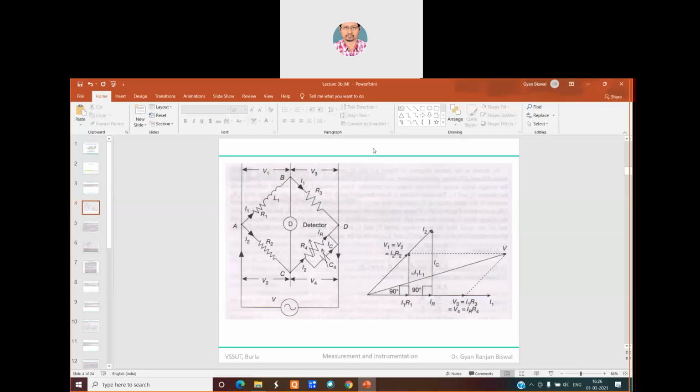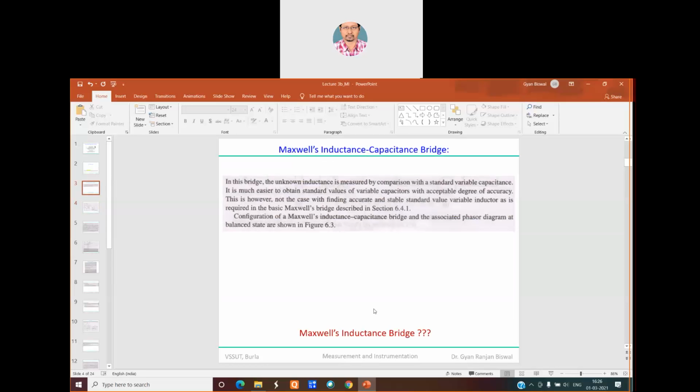Remember this. Okay, so to nullify those limitations, now we are going to discuss the Maxwell inductance capacitance bridge. Remember, the Maxwell inductance capacitance bridge is also sometimes known as the modified Maxwell's bridge. Okay, the modified Maxwell's inductance bridge is called a modified bridge, or as per the nomenclature, the Maxwell inductance capacitance bridge.